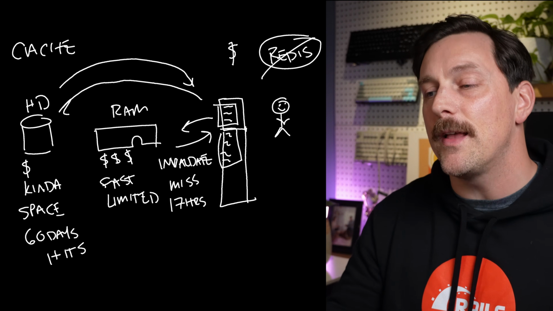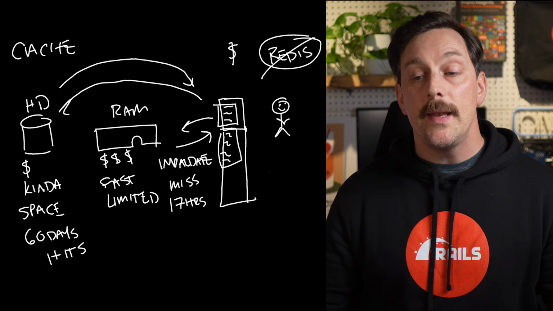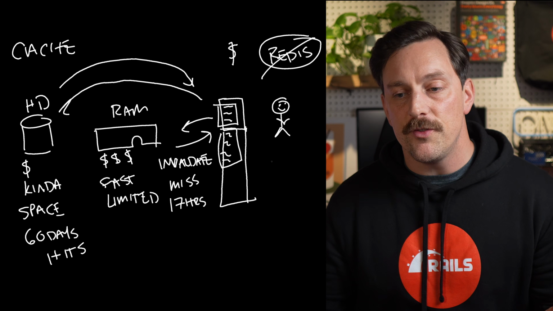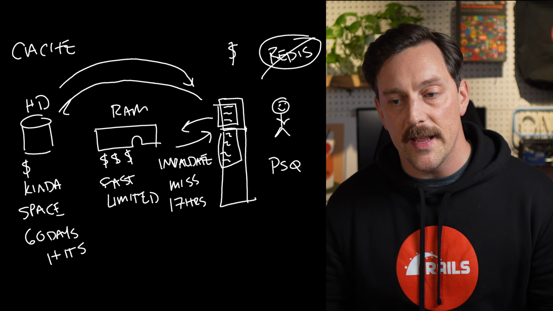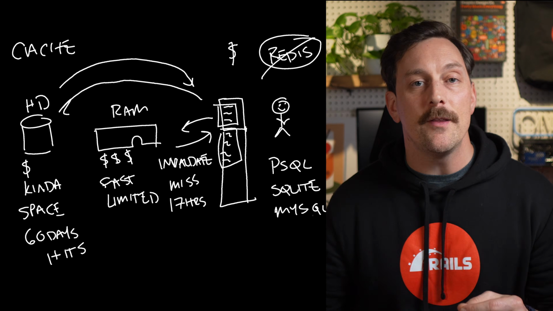Typically you would use Redis as a database store on your RAM in order to use this caching mechanism, but now since we're storing our cache on a hard drive, we can just use regular relational databases like Postgres, SQLite, or MySQL as a database for our cache store. So now with Solid Cache, which is the database-backed Active Support cache store, we can store all of our cache in these big old hard drives so we can have way more cache hits and way less cache misses.